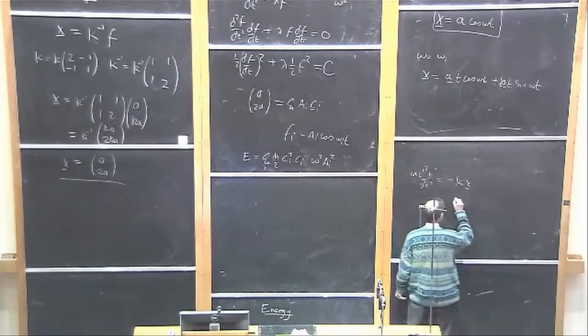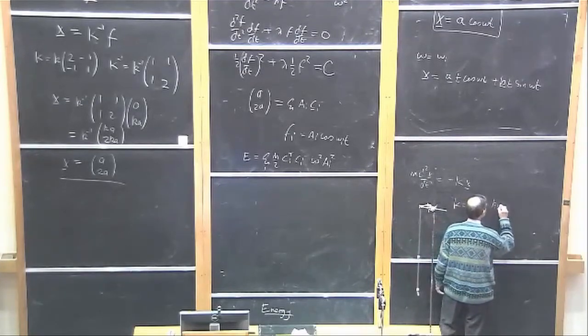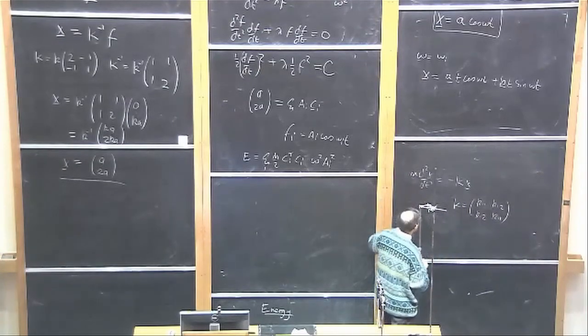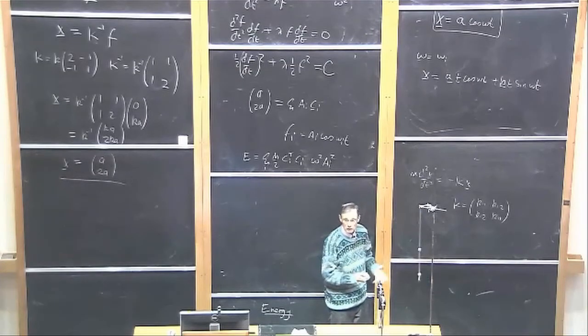If this k was of the form k11, k12, k12, k11, then we could simply add or subtract the two equations and get an uncoupled equation for x1 plus x2 and x1 minus x2.